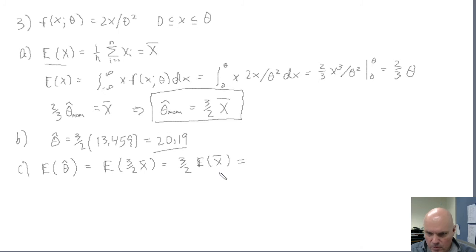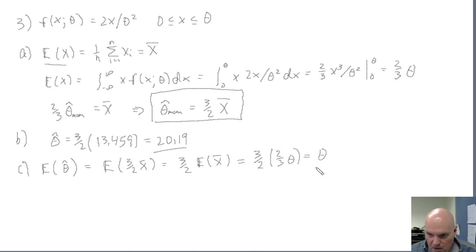One of the properties there is that the expected value of the sample mean is equal to the population mean, which is E of x, so that's 2/3 theta. So this becomes theta.